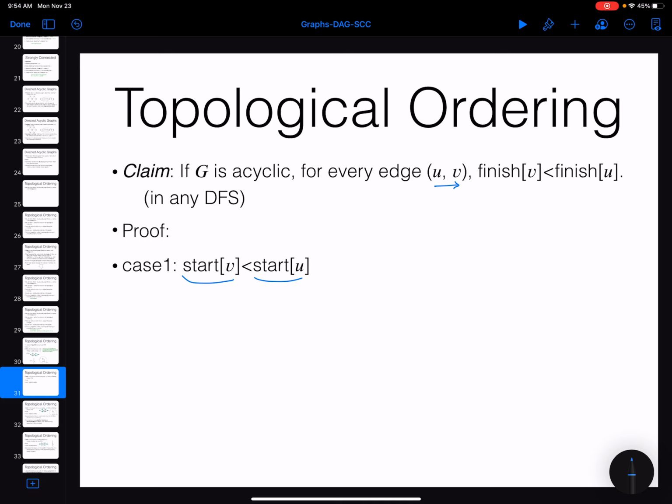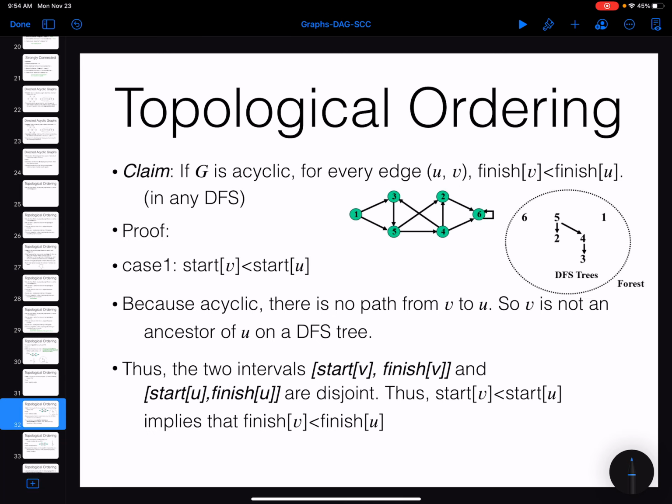It's just like you have completely disjoint intervals. The start time and finish time of V is going to be a completely disjoint interval from the start time and finish time of U. It basically means that V has been visited through some other node.